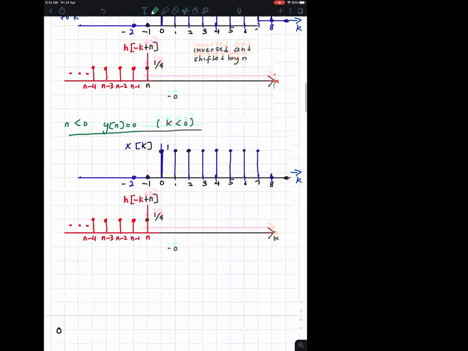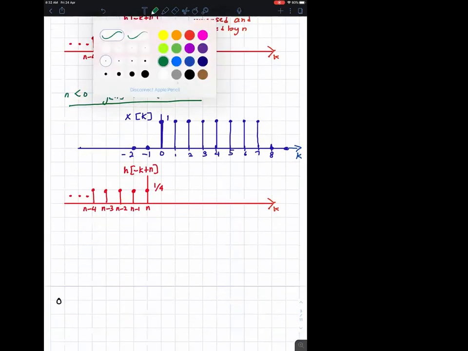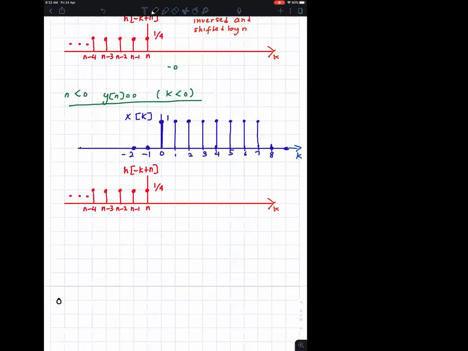For n less than 0, y sub n, the output, is 0.